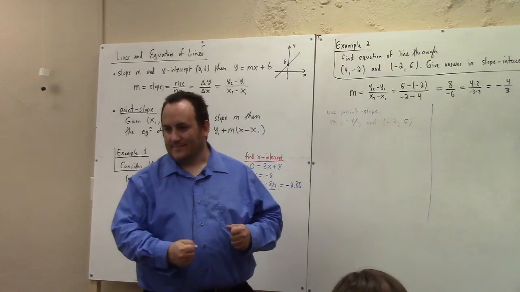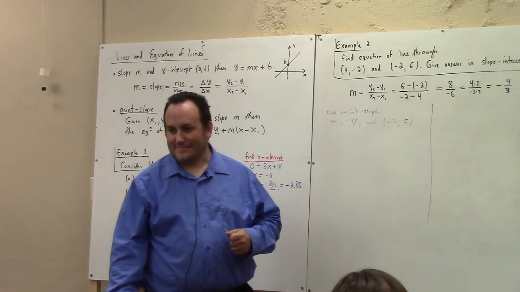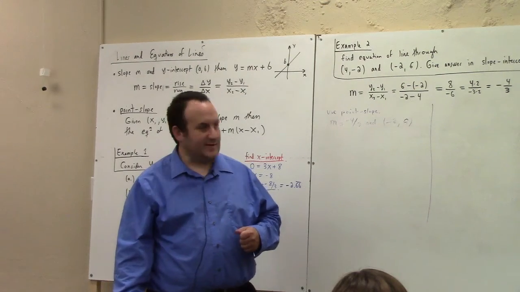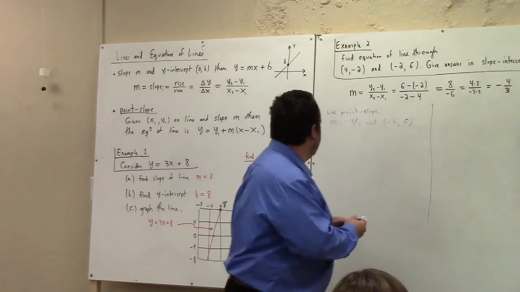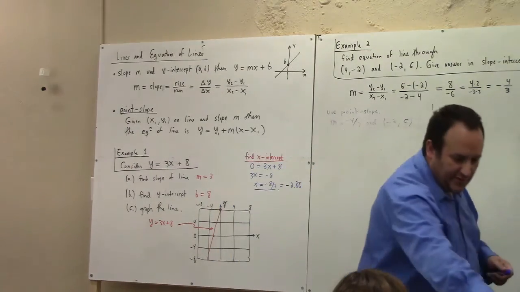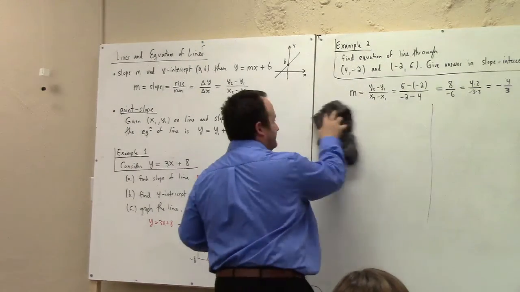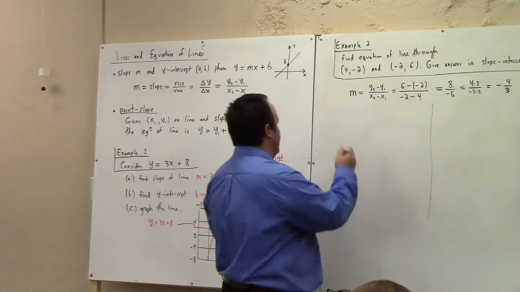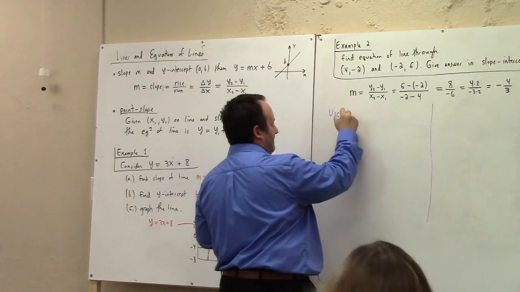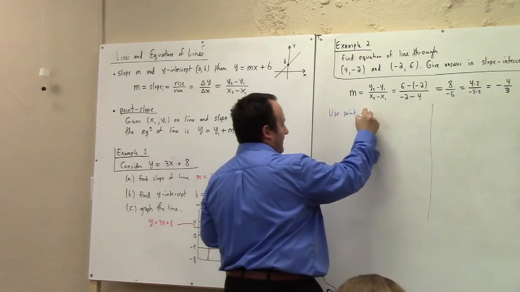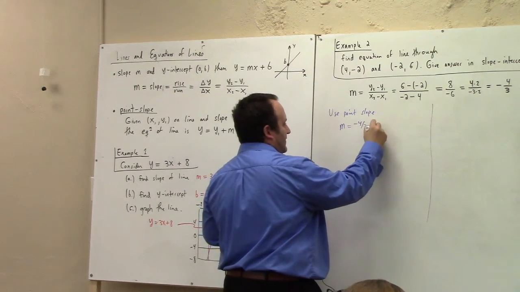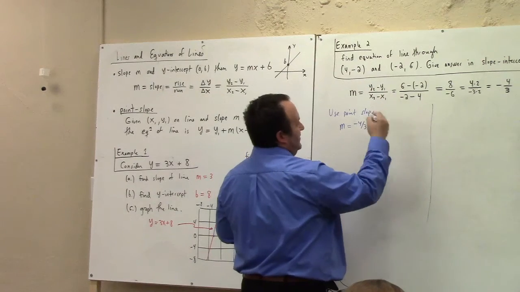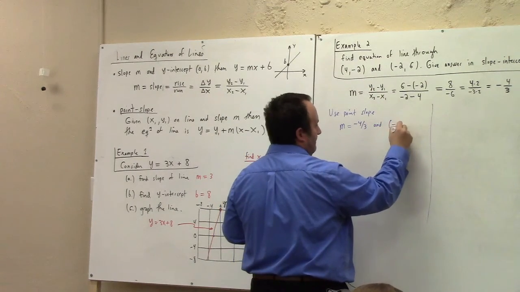Ah! Almost off the ricochet. Phooey. One of these days. So let's try that again, but with a marker that works. Use point slope. We've got m equals minus 4/3. And you can pick either one. I'm going to use the minus 2, 6.